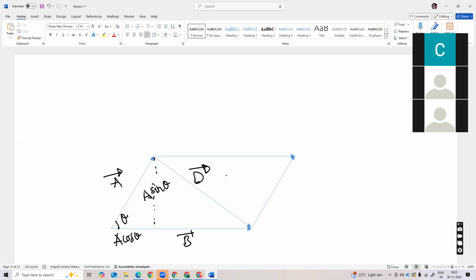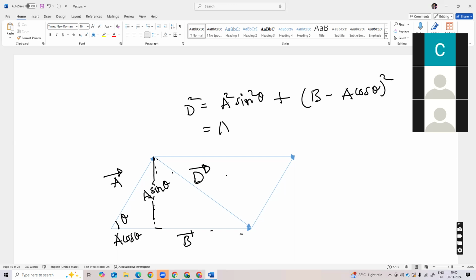So for this D, if we consider this right angle triangle, then D square is basically A square sine square theta plus B minus A cos theta whole square. So it will be A square sine square theta plus B square minus 2AB cos theta plus A square cos square theta.